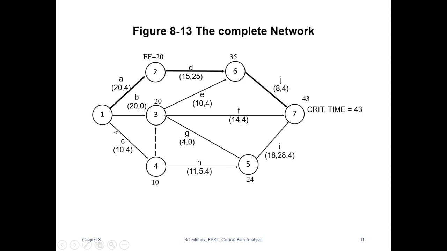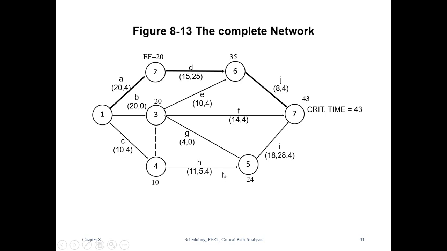Now look at this particular path. Here is 10 and here is 11, that makes 21. And this particular activity already requires 24 hours of time, as a result this path is going to be non-critical.